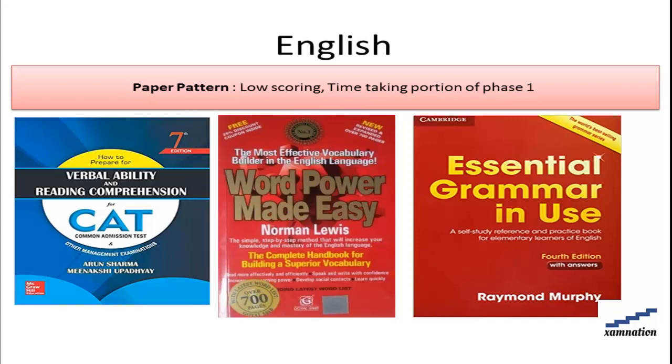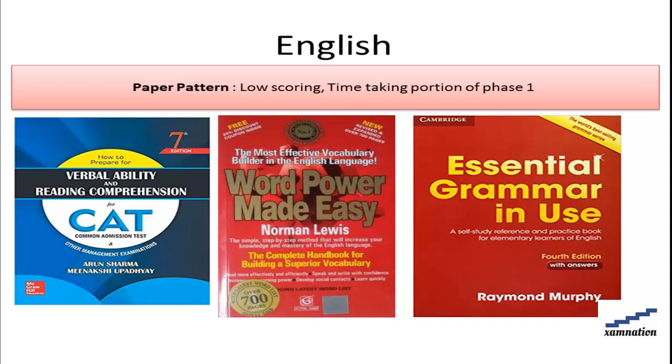This will help you build the basics of your vocabulary, and you will know the roots of a lot of words. And after completing this book, you can take some other source. For grammar, you can follow the Raymond Murphy book, Essential Grammar in Use. It is quite comprehensive, and it has a lot of practice questions where you can learn and practice.